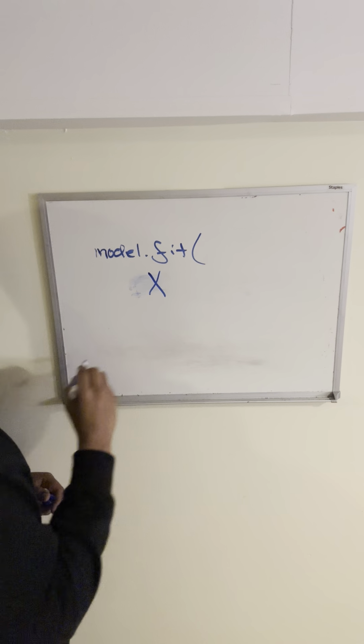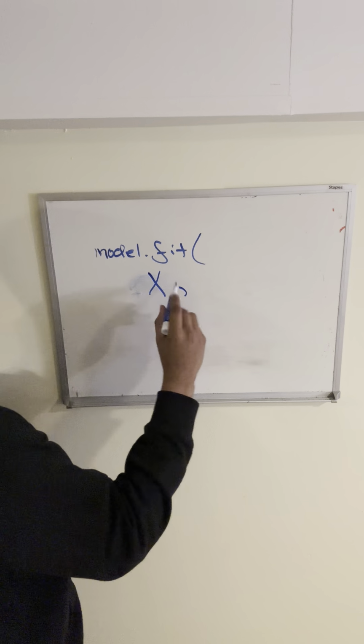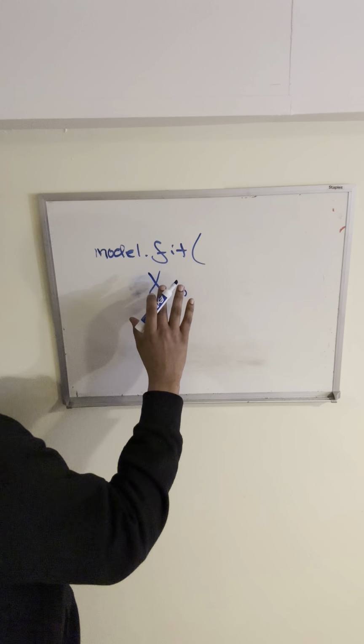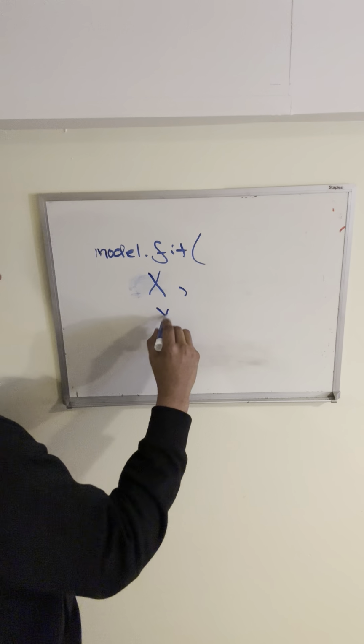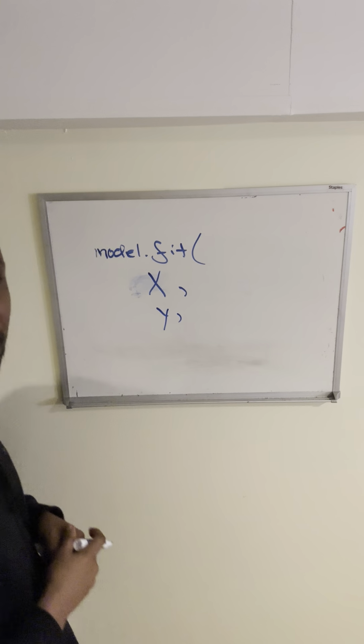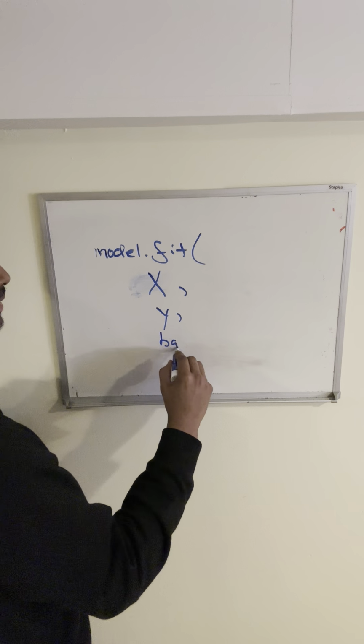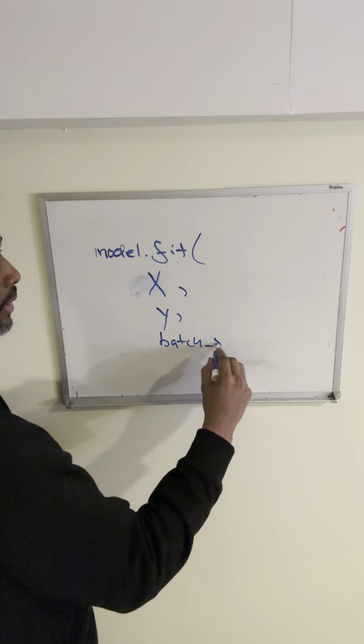So this is a matrix. This is the data that we're inputting into this process, and this is the quote unquote output. I think target values would probably be a good term for that. And then we get into things like batch size and epochs.